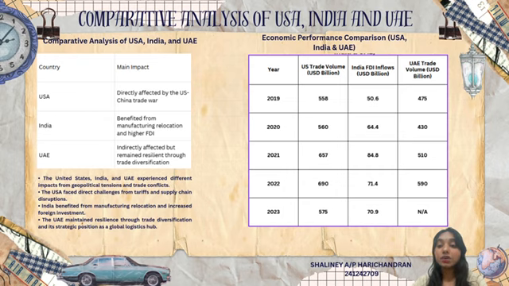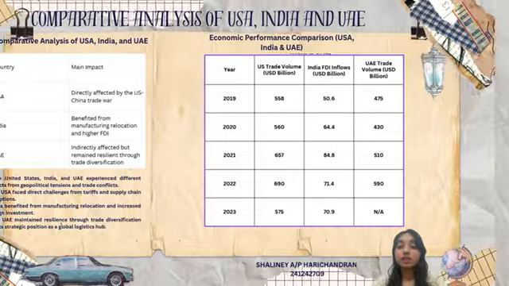The UAE was indirectly affected but remained resilient due to its diversified economy and strong role as a global logistics hub. Looking at the economic data from 2019 to 2023, the USA maintained the highest trade volume overall, while India showed strong FDI inflows. The UAE also recorded stable trade growth during this period.